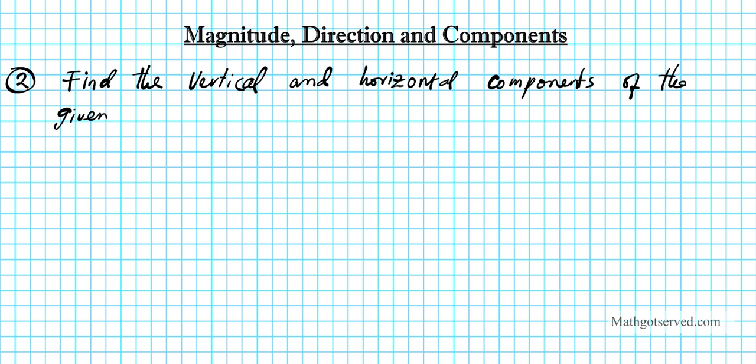All right. So this is a vector under consideration. Let's say we have a vector acting in this direction. This is a force of 33 newtons.